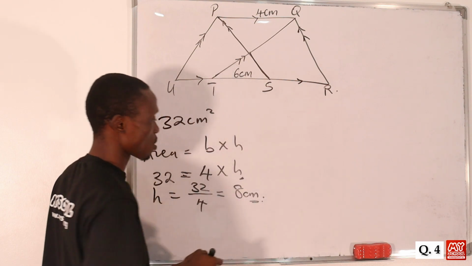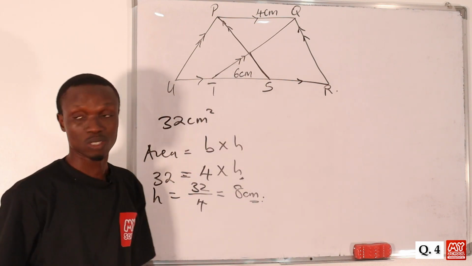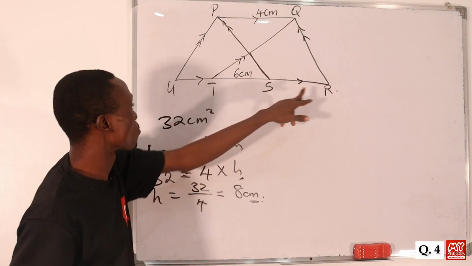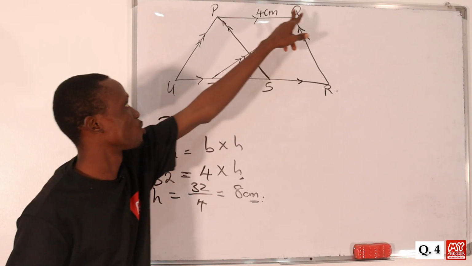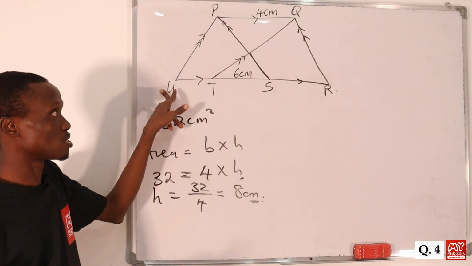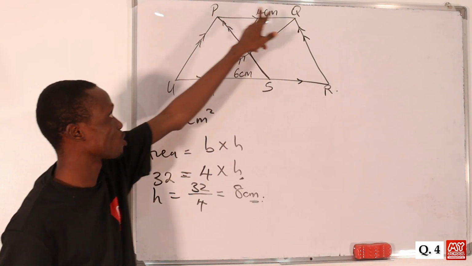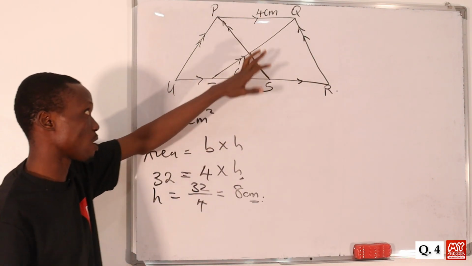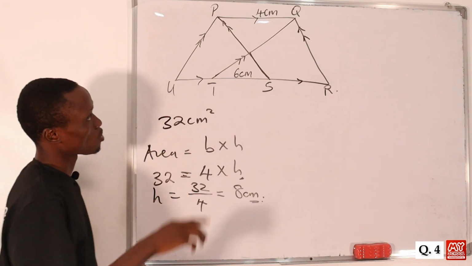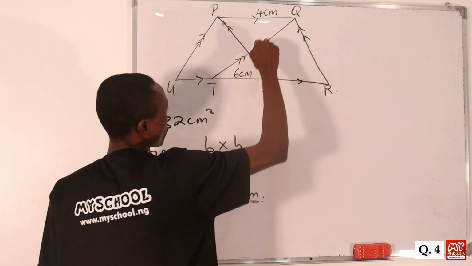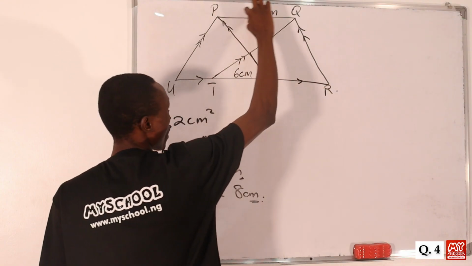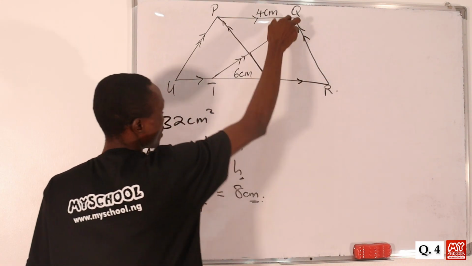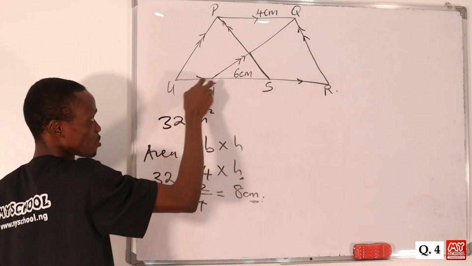With this, we can now calculate the area of the trapezium PQRU. This is the trapezium that we're calculating the area for. But remember that the trapezium and the parallelogram have a common height. Also remember that the parallel sides of a parallelogram are equal. So this is one parallelogram. This part is parallel to this side, and this side is also parallel to this side.